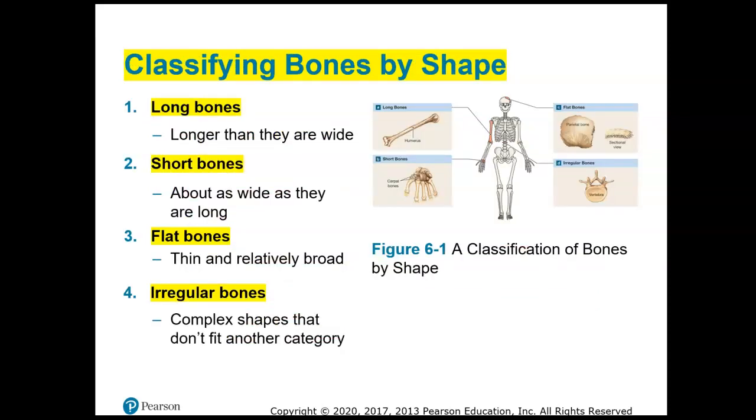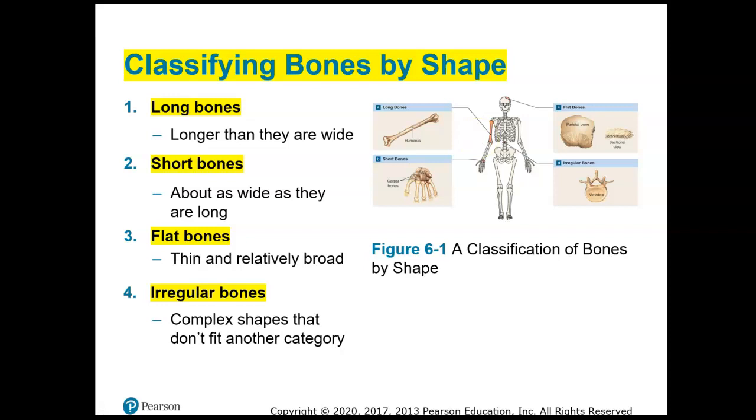We classify the different bones of the skeleton by their shape primarily. So the long bones are going to be the bones that are found in your upper and lower limbs. The example given here is the humerus, which is your arm bone, your upper arm bone, which, as you know, in anatomy, when we say arm, we mean the upper arm.